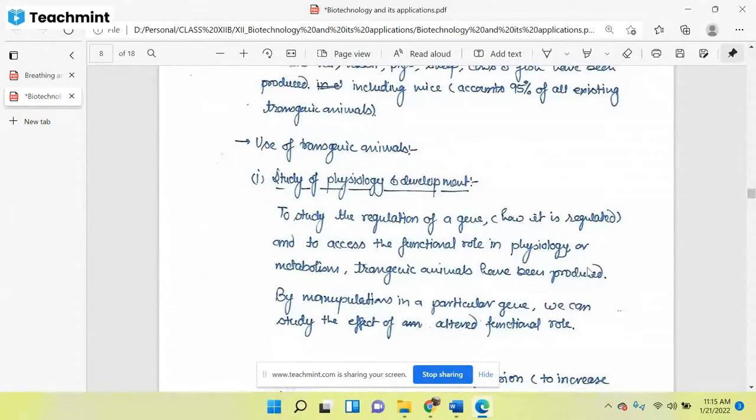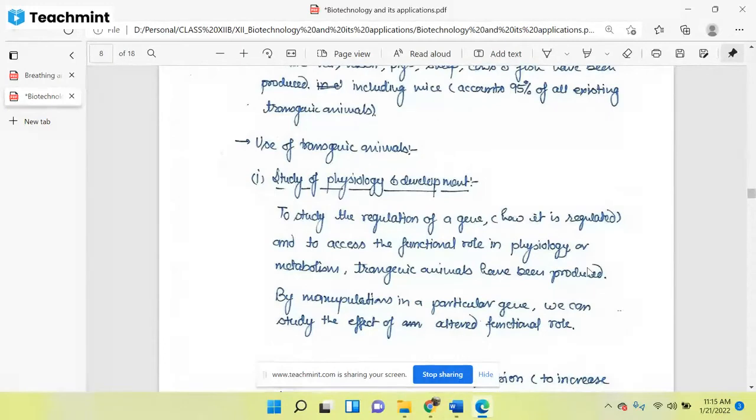Then as compared to normal, we will see the physiological role, the behavior, and the altered physiological process in that organism. Since we know that the ADA gene plays a key role in immunity, the transgenic animal in which we have deleted that gene will show lesser immunity as compared to the normal one.